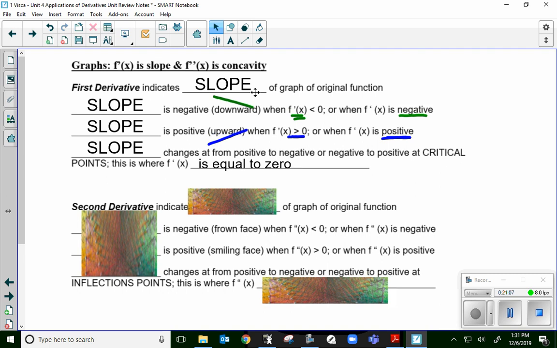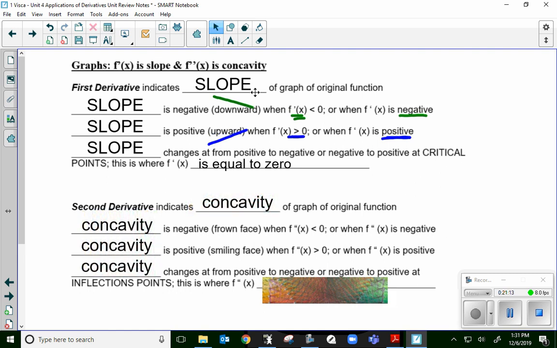The second derivative indicates, and it's right up on the top there in bold, concavity, okay? Concavity is negative, or a frown face, curves down, when f double prime, or the second derivative, is less than 0, or basically when it's negative.